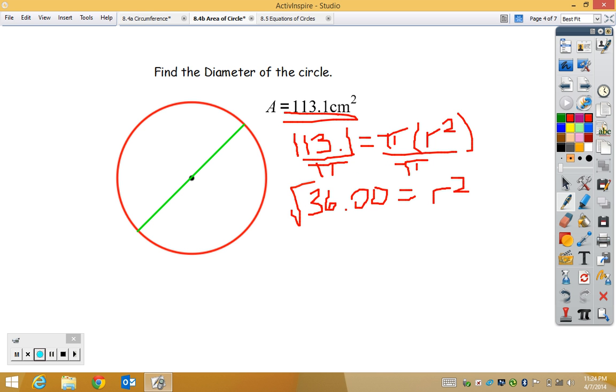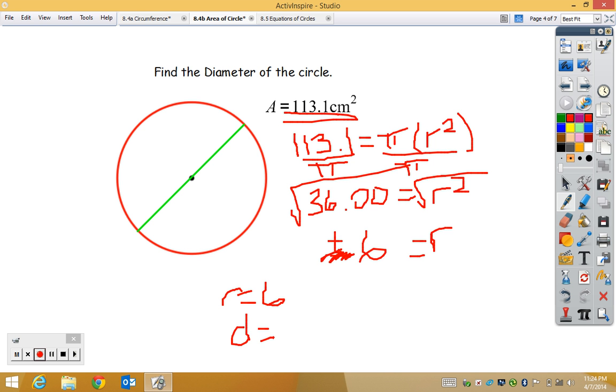Now to get r by itself, we take the square root of both sides. We get r equals plus or minus 6, but we can't have a negative length, so we can get rid of that negative value. So r equals 6, so our diameter equals 2 times 6, so our d equals 12 centimeters.